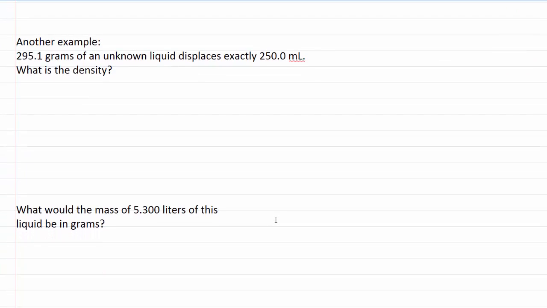I've got one more here. 295.1 grams of some unknown liquid displaces exactly 250 mL. So what is the density?